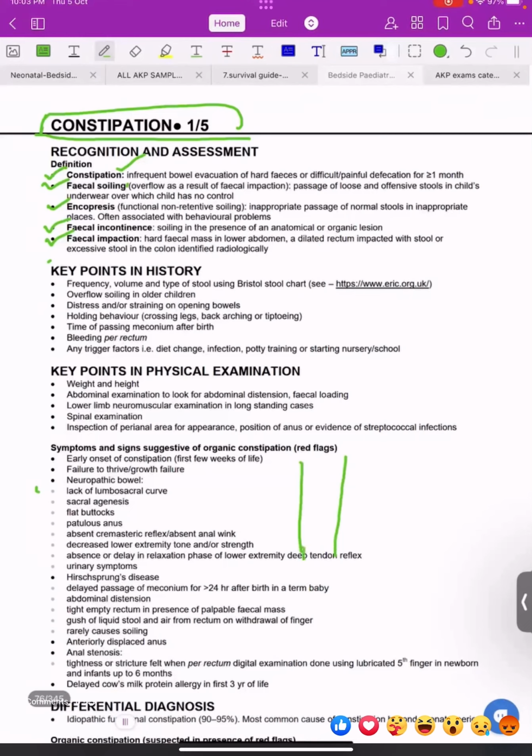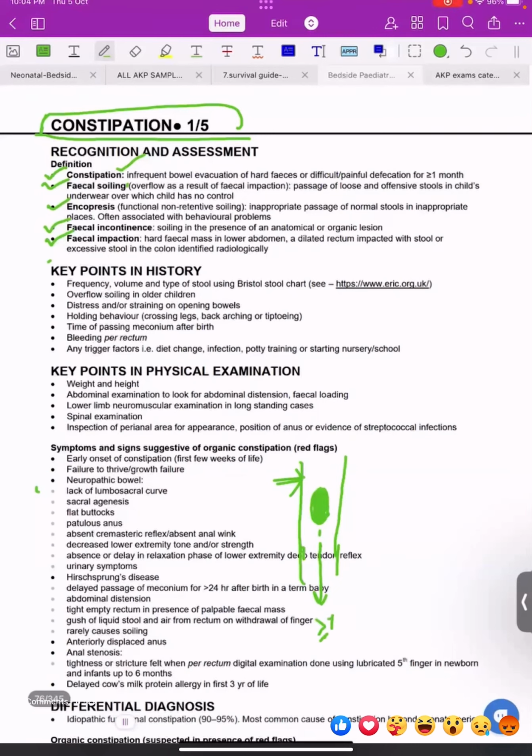It is not like what we have read before, difficulty in passage and other things. No, this is the intestine of the patient, and this is the fecal matter. What is constipation? Constipation is the difficult passage of hard stool, and that is for 1 month or more than 1 month.